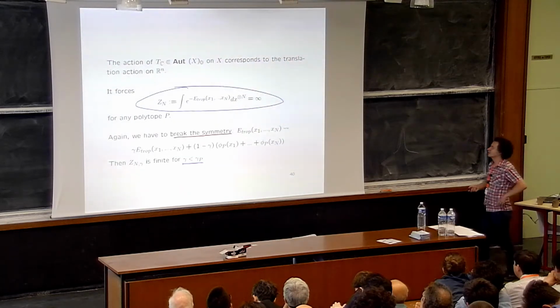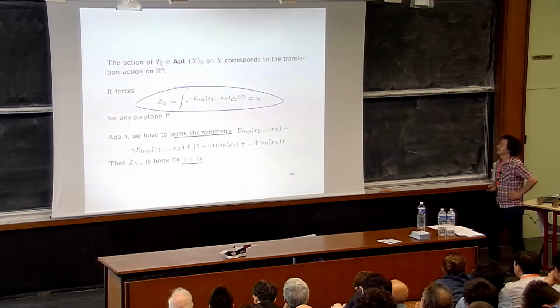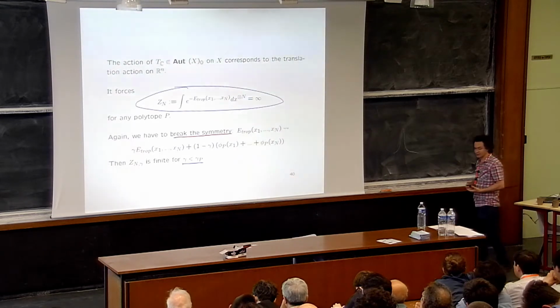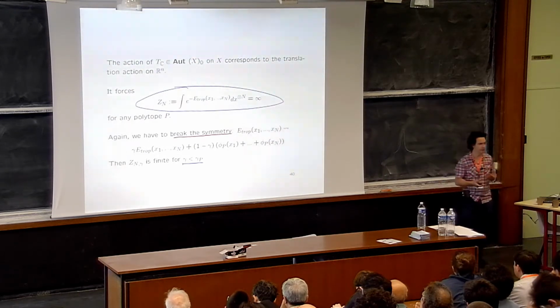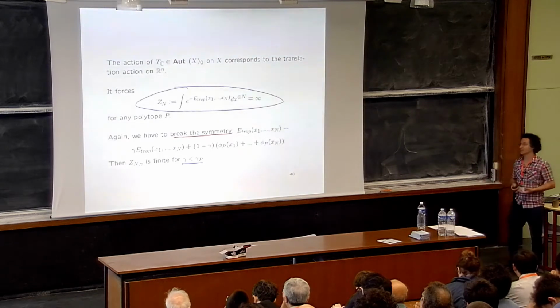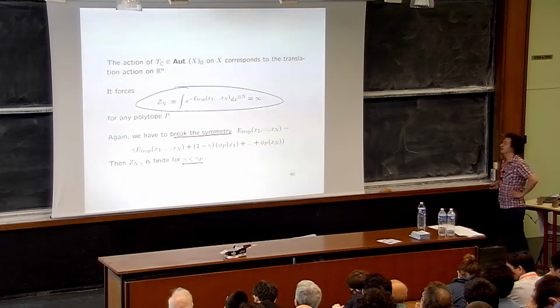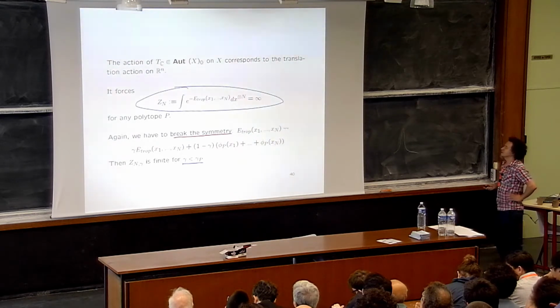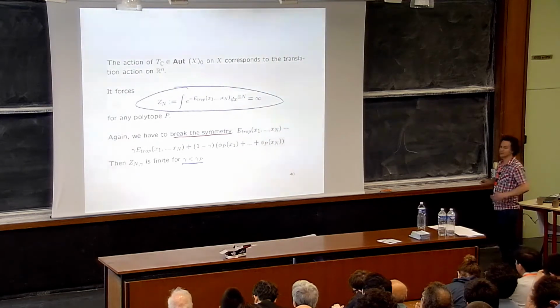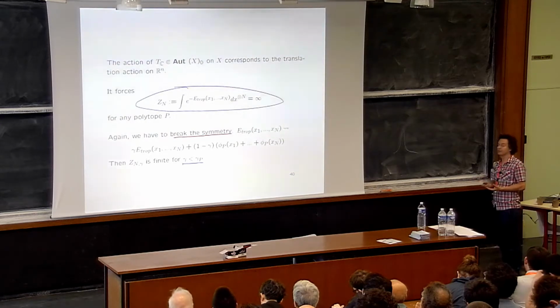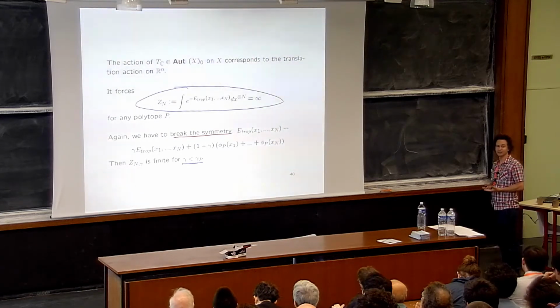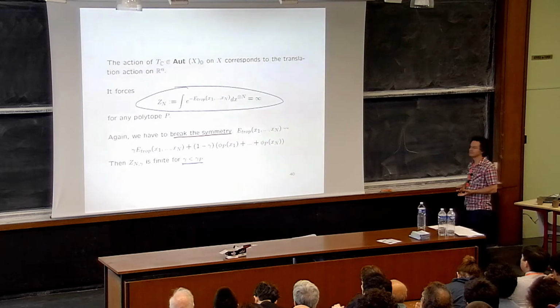So that's a concrete thing we could try to work with. And then you look at the role of the action of the automorphism group. Well, that's now the complexification of the real toric, just the translational action on Rn. And what you see is that, because of the existence of this symmetry just as before, this thing will never be finite.